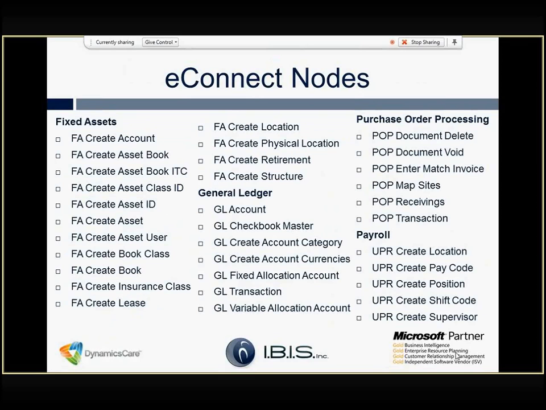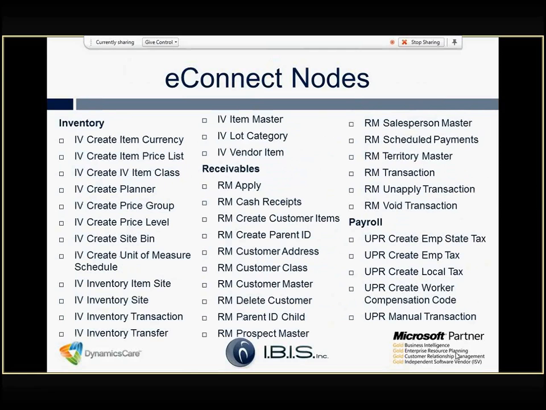For purchase order processing, you can do intermatch invoices and receivings. For inventory, a couple examples of what you can do are you can create a site, you can create an item, you can assign a price list to the item and a price group to the item. For receivables, you can enter cash receipts and apply them. You can create a customer. You can manage the parent-child relationships.